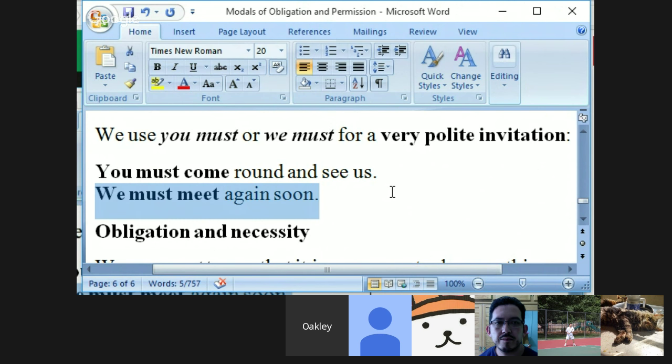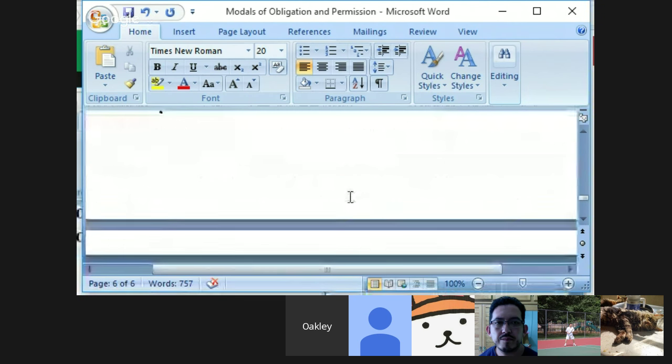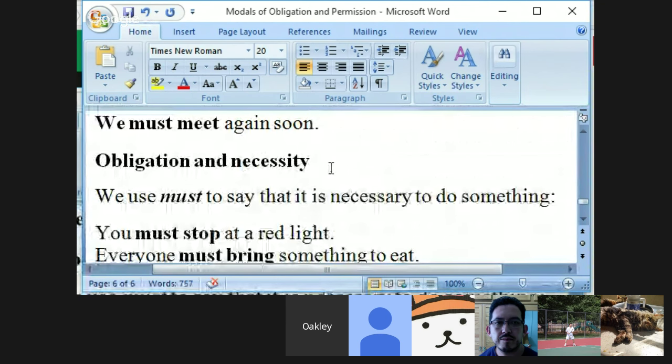It can be used for a very polite invitation in a very formal kind of setting, something you would say to a priest, or your in-laws who you just met, or the president of your company. Ordinarily, an invitation would use would.